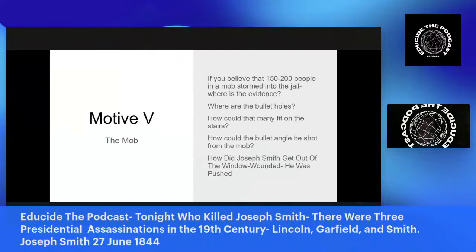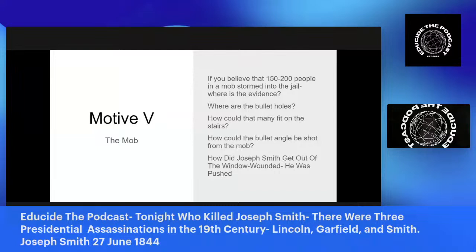The mob. If you believe 150 to 200 people in the mob stormed into the jail, where is the evidence? Where are the bullet holes located outside the jail? How could that many people fit on those narrow stairs? How could the bullet angle be shot from the mob?